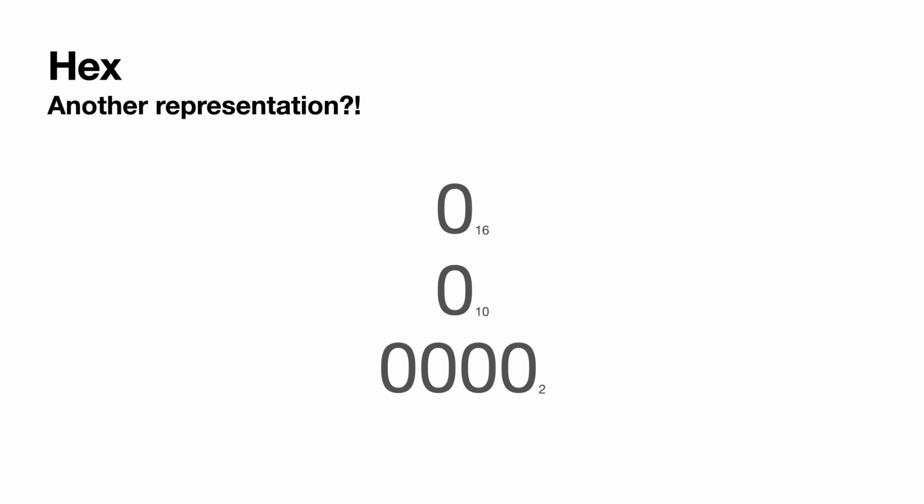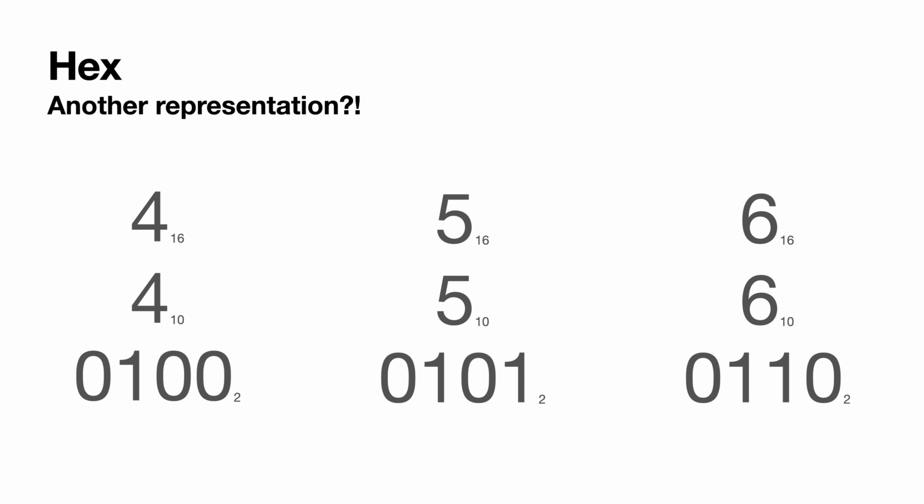If we're going to use one digit to represent 16 values, we can start at 0. The corresponding base 10 value would be 0, and the corresponding binary would be 0, 0, 0, 0, 4 zeros. Then we go to hex 1 with its corresponding representations, hex 2, hex 3, 4, 5, and 6.